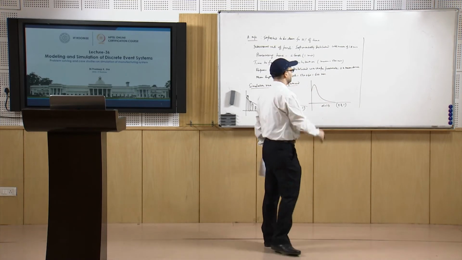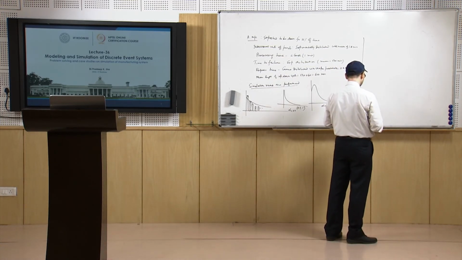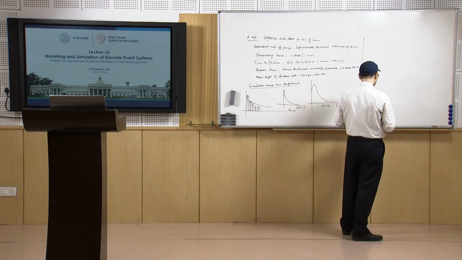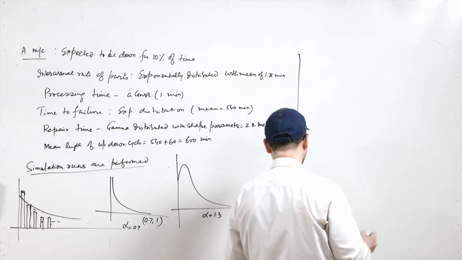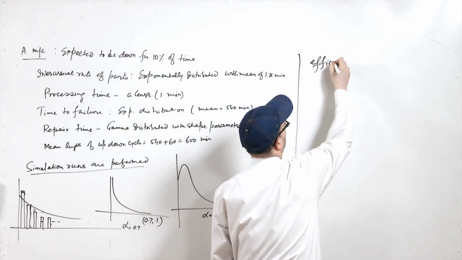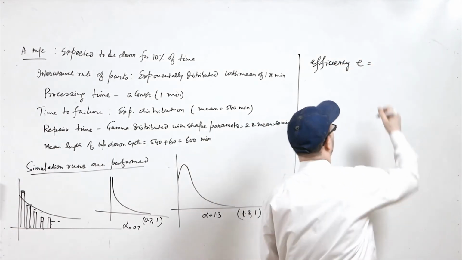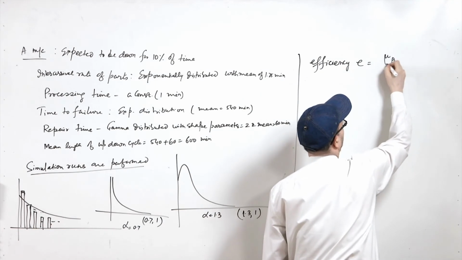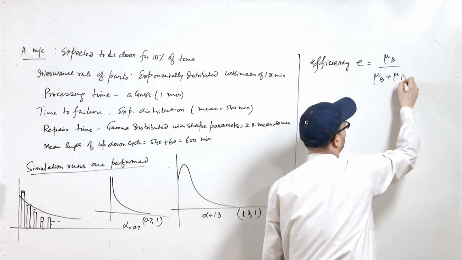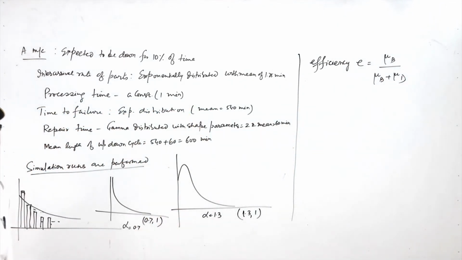For these gamma functions, we have one parameter, that is efficiency E. We can define efficiency as the ratio of mu B to mu B plus mu D, where mu B is the busy time mean and mu D is the downtime mean.